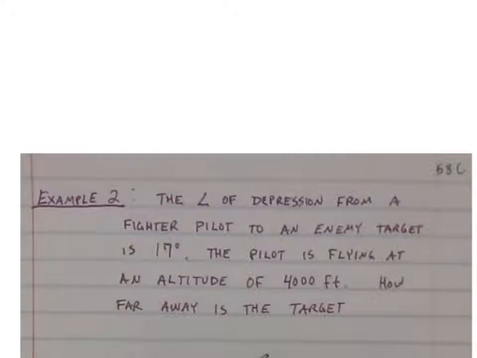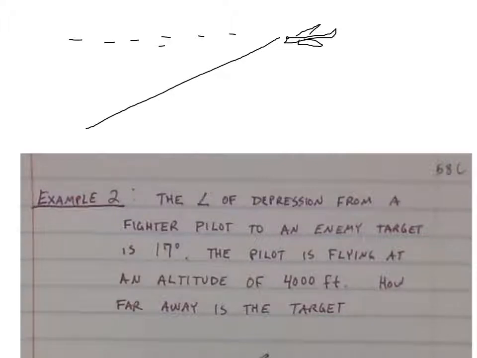So if we were to diagram this situation, we have some sort of airplane that a fighter pilot is flying in, and when he looks down at the enemy target, it is at an angle of 17 degrees with the horizontal.